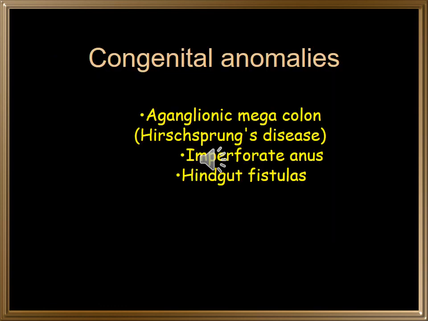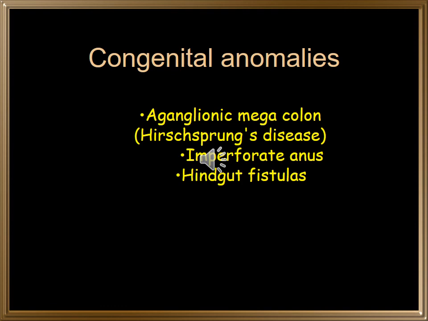Some of the congenital anomalies involving the hindgut are Hirschsprung's disease. The colon is extremely large because of the non-development of the ganglia, and in certain cases the anus fails to open outside, and this is called imperforate anus.